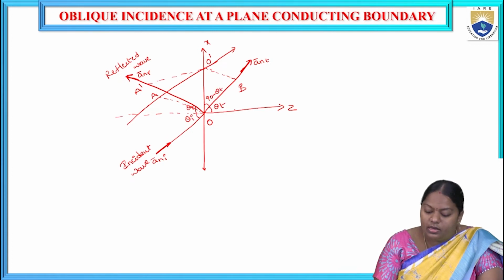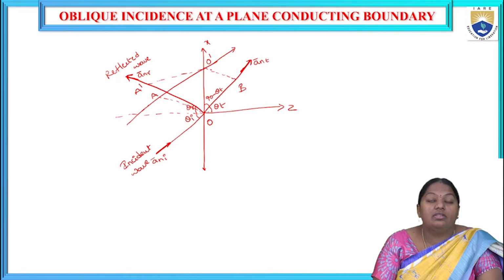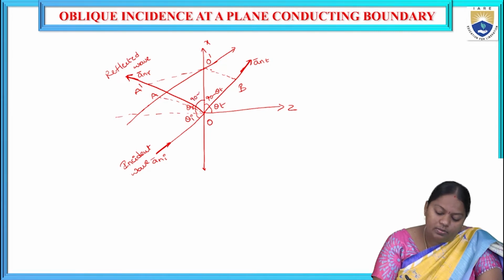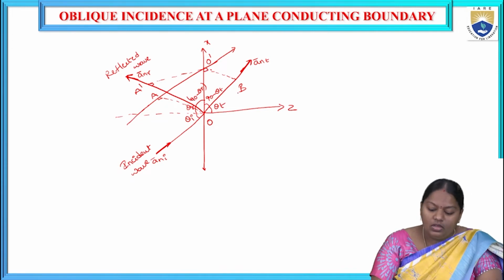Why? Because the angle here is exactly 90, and the adjacent angle in that right angle triangle will be 90 minus theta t. Similarly, if this is theta r, this will become 90 minus theta r. The intersection points are considered along with the points, and this is the transmitted wave.